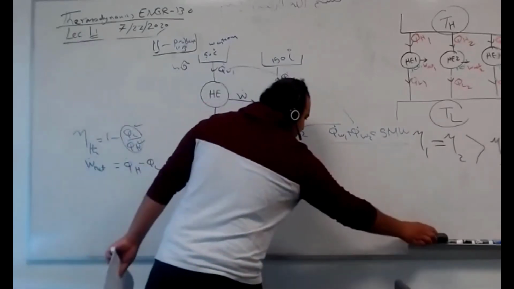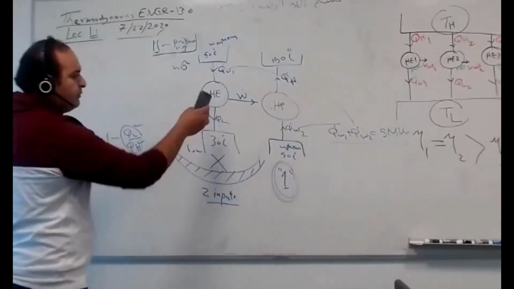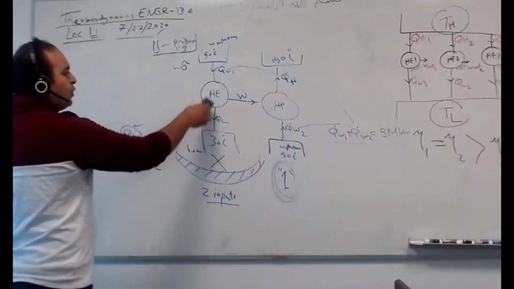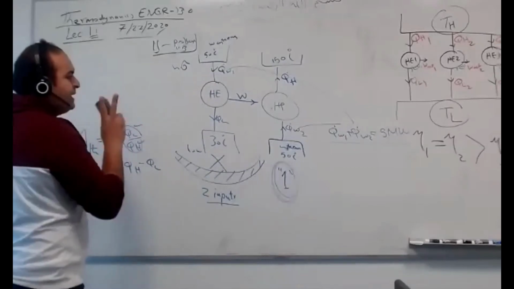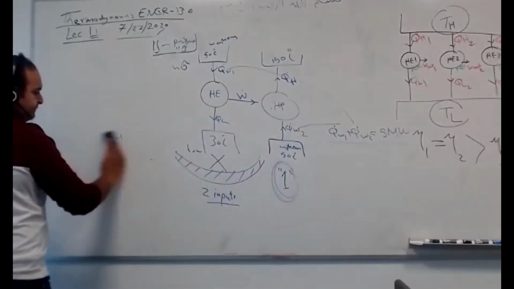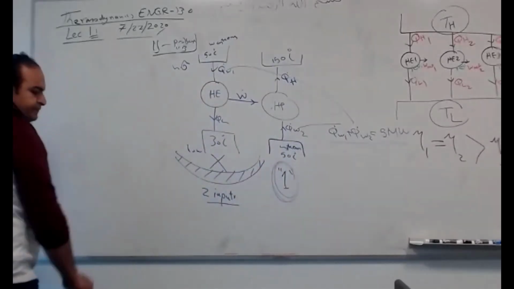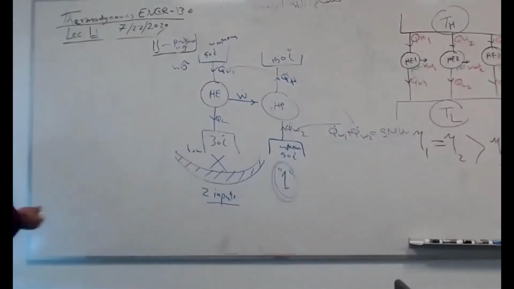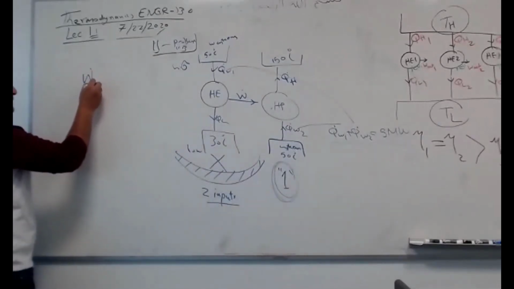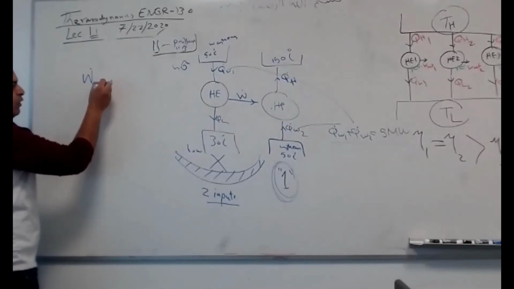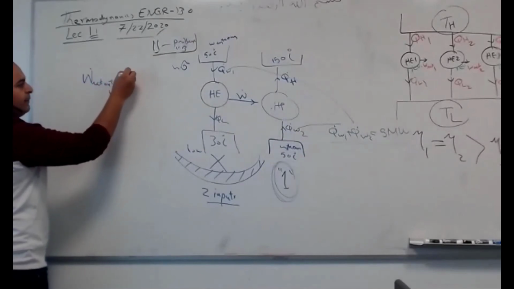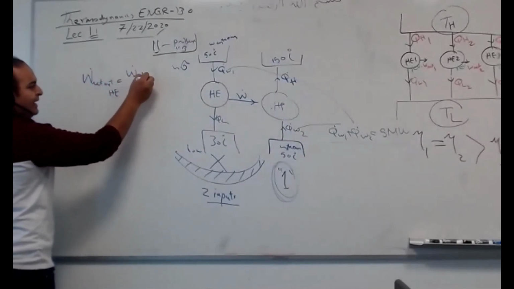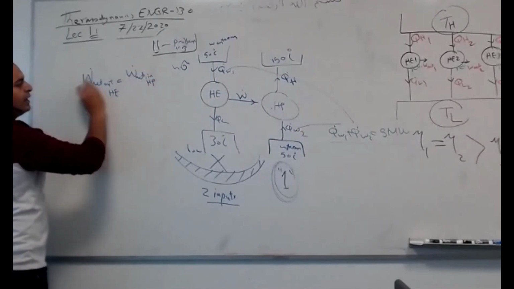So for any engine, we need any two things: Q high, W net, Q low, efficiency. Any two things, you can get the rest. Let's write this down. Of course, W net out of the heat engine equals W dot net in the heat pump. We're going to call it W dot.